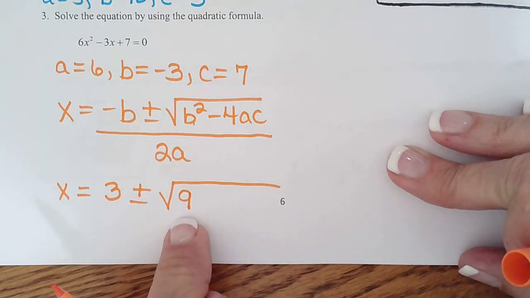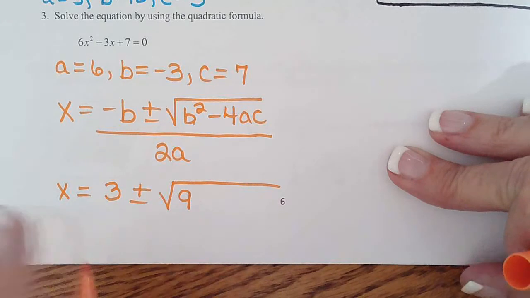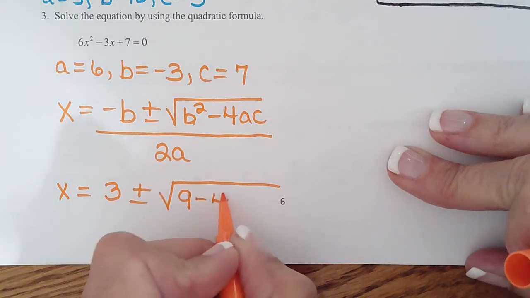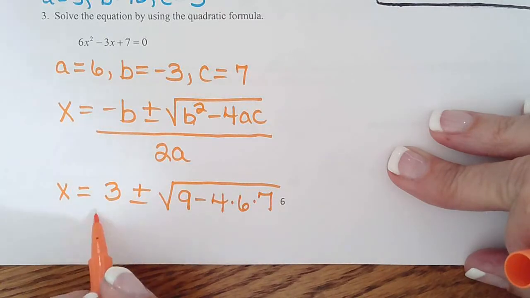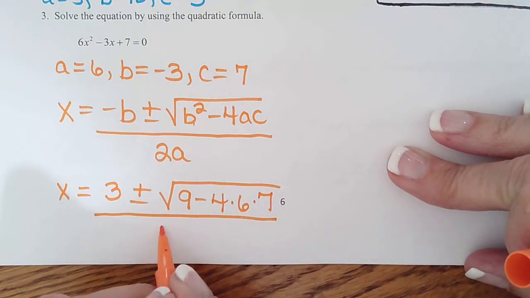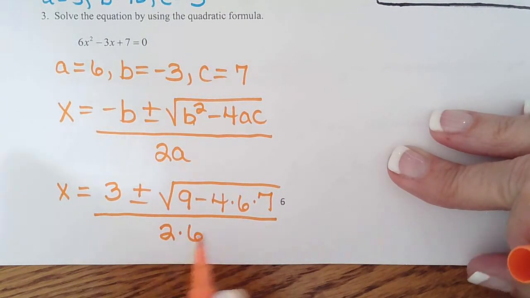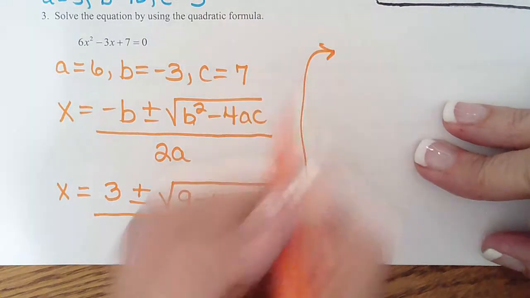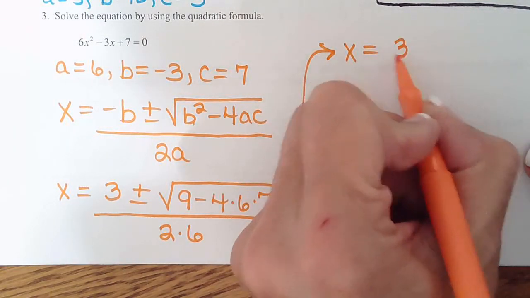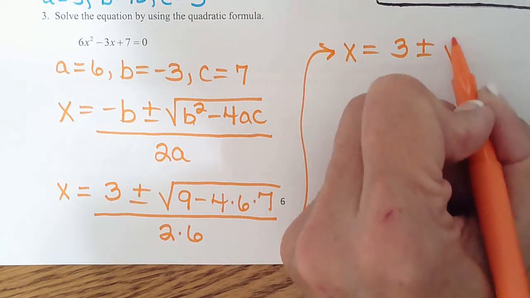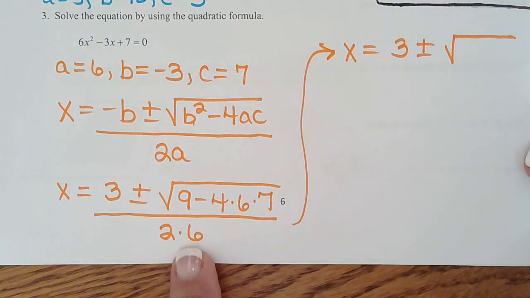Remember, that first number is never, ever negative. Minus 4 times 6 times 7. A is 6, C is 7, all over 2 times 6. So that's going to simplify to x equals 3 plus or minus empty radical over 12.